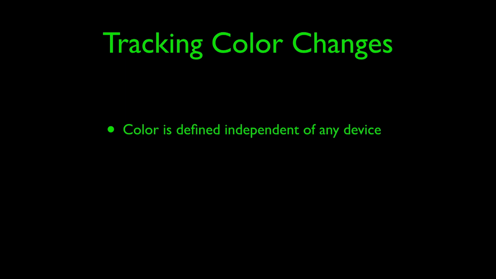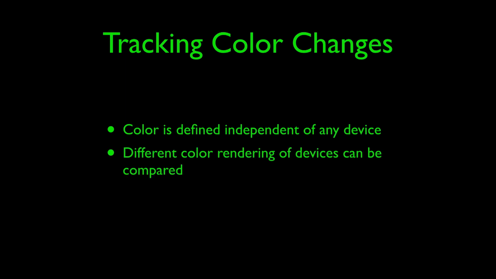Then, and only then, can we compare the color rendering from one device to another. Once we can accurately compare colors between devices, we can decide how to compromise on the final color rendering to accommodate our intent. Remember, color rendering will change from one type of device to another.